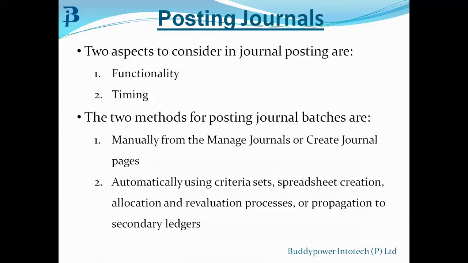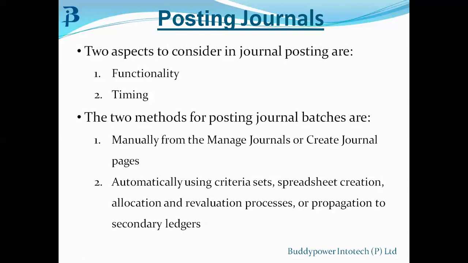And then, automatically using criteria sets, you can post the journals from spreadsheet creations. Here you can select options to automatically post journal entries when you're using a spreadsheet creation. You can create an auto post criteria set in advance to automatically post journals.